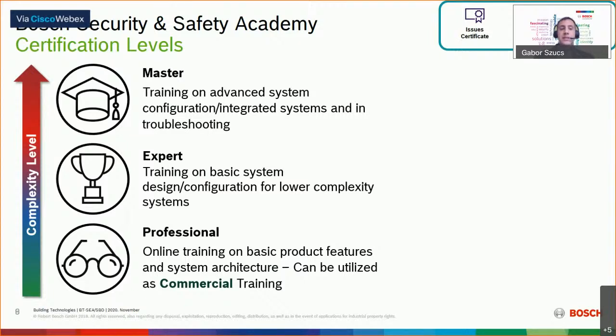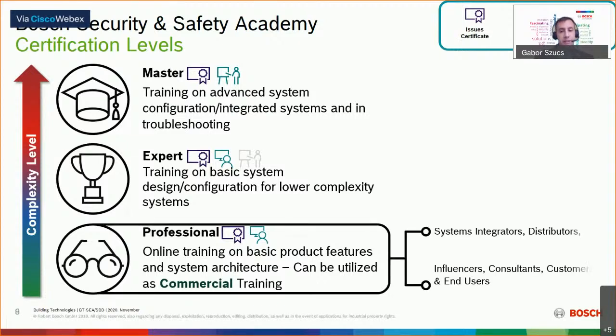So these three levels build on each other. The prerequisite to fulfill one is always having the previous level completed. And as you can see from the indication, it combines the online trainings, the classroom trainings, and the issued certificates.